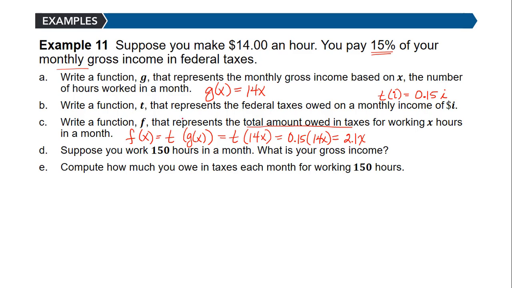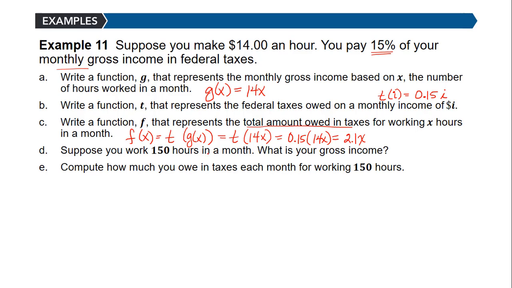So now this function f gives us a way to determine the taxes based on the hours. Right before, we would have to know the hours, find our income, then plug the income in to figure out the taxes. So this composite function tells us how to go directly from hours to the taxes.